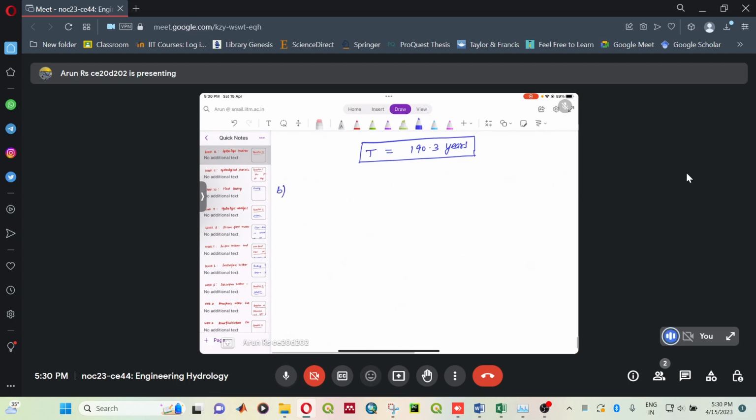Now in part B of the question, the return period is the same, which is 190.3 years, but the lifespan has increased to 50 years. Now we need to find the risk and the reliability. So we can find out the reliability, which is 1 minus 1 by T to the power of n.